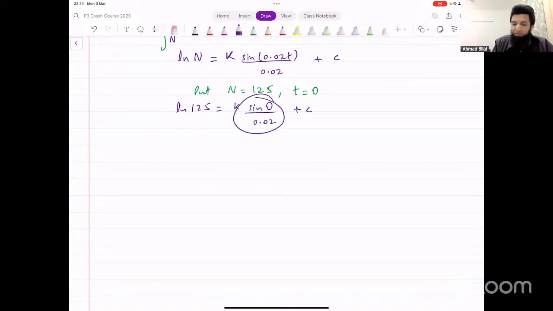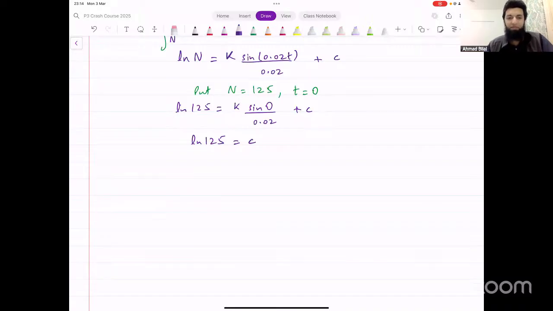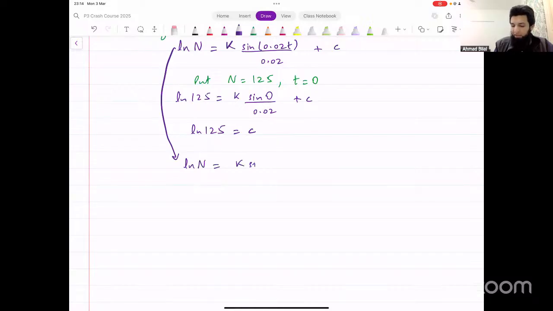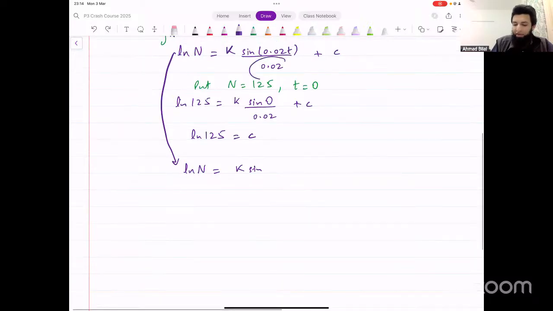Sine 0 is 0, that will make this whole thing 0. And you're left with c equal to ln of 125. All right, that's the value of c that we have. Now we can input that back in that equation. And that equation now becomes ln of n equals k sine of 0.02t divided by 0.02.